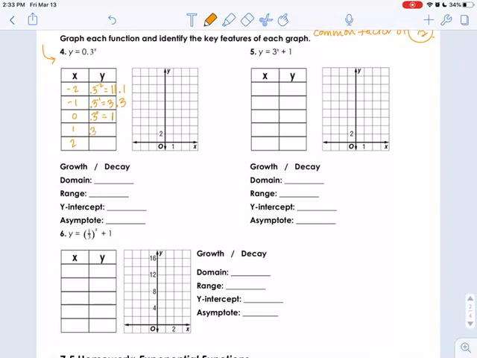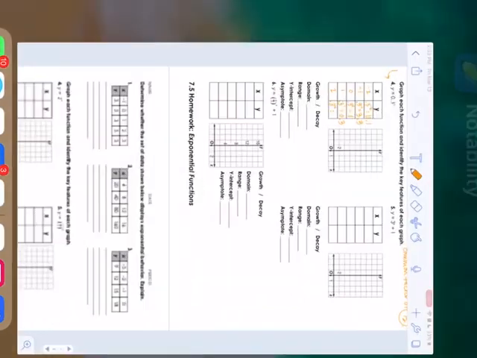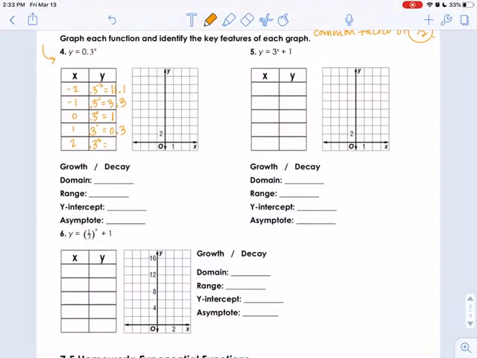Anything to the 0 is 1. I have 0.3 to the 1. Anything raised to the first power is itself, so 0.3. And I have 0.3 raised to the second power. I'll go ahead and plug that in. And that's 0.09.